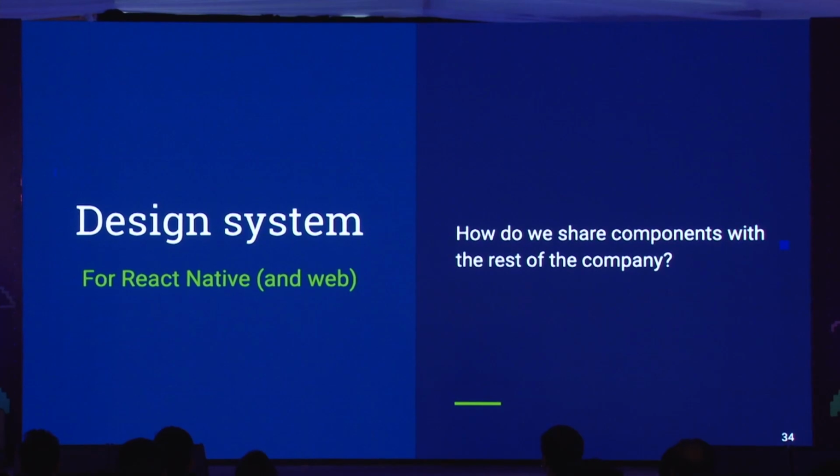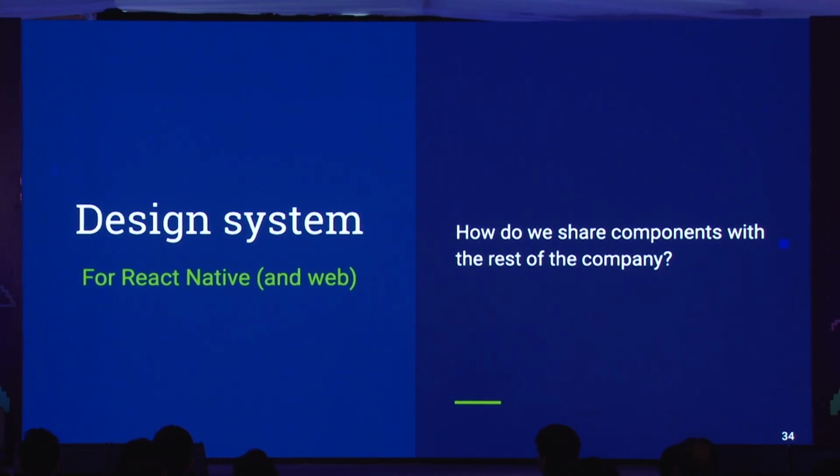But the problem is that in a design system, you need to have two-way communication. It's not just about designers giving us the components, it's also about us developing the library and being able to show them what we have already developed. And that has been a really difficult thing because you can't just ship a React Native application with Storybook. It's so difficult to create and distribute native applications that it's not as easy as a web design guideline system.